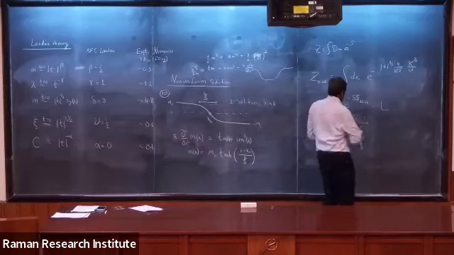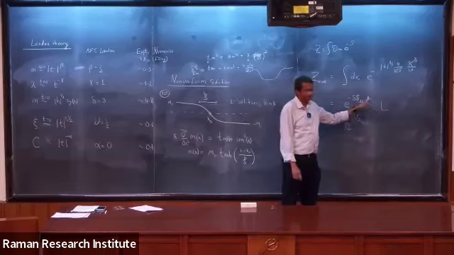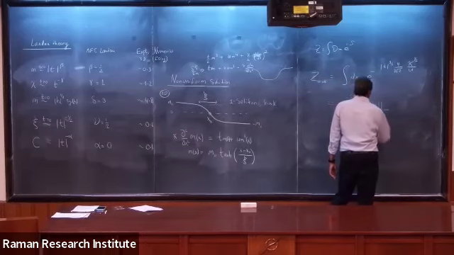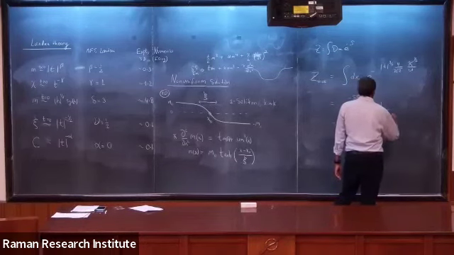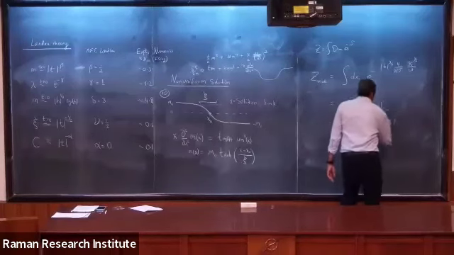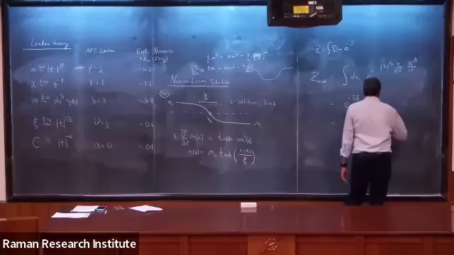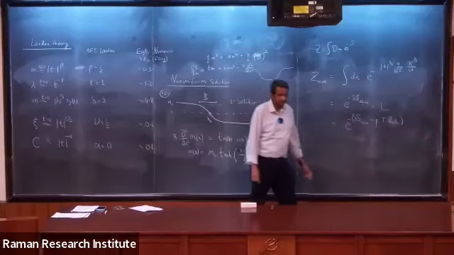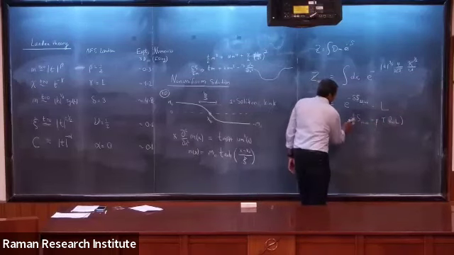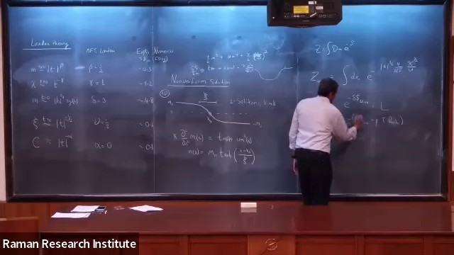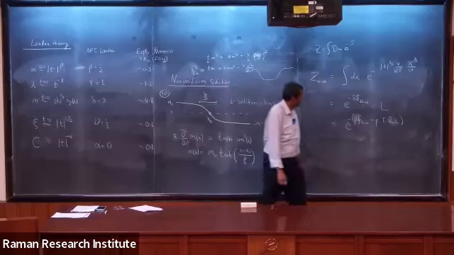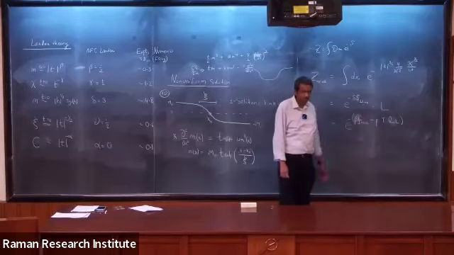Now I can bring this L into the exponent and rewrite it as minus beta times T times log L. Beta times T is just 1. Let me call delta S beta times the free energy corresponding to this 1 kink. So if I'm looking at the 1 kink solution, the answer looks like this.